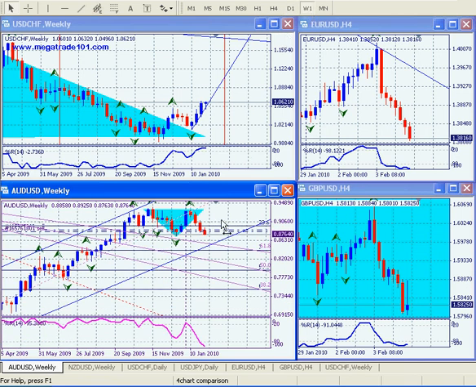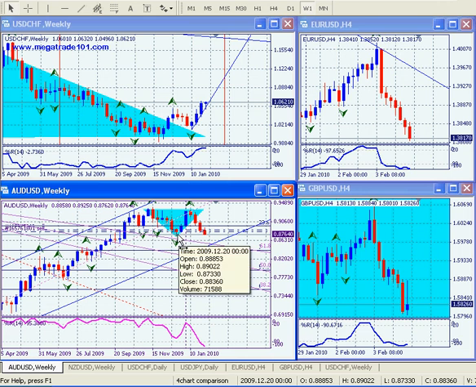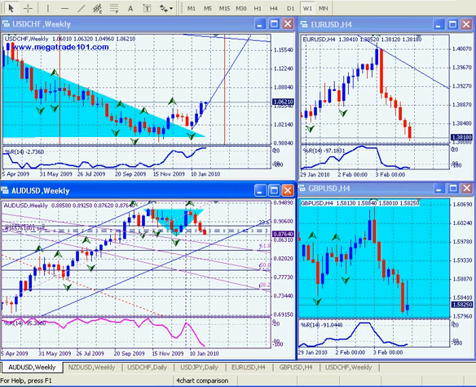Comparing it with the Australian dollar, also on a weekly basis, already indicated that it did break its support level, especially at the price level below 89.80. That was the first signal, and the confirmation was made when it made and broke the price level of 0.8719 as indicated here.